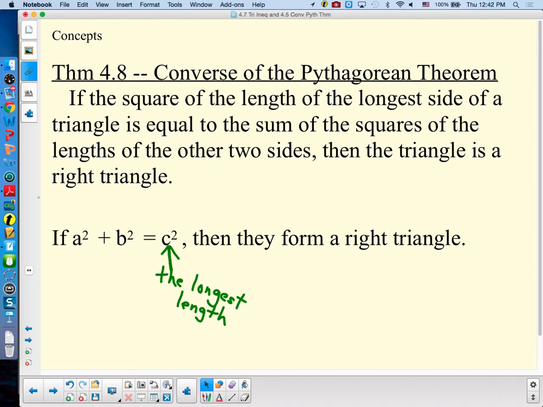So what do I do, Sydney, to figure out which kind? Okay, so 6 squared plus 8 squared compared to 10 squared. 36 plus 64. That is 100. 10 squared is 100, so it's equal. So is it a right triangle? Yes, it's a right triangle.